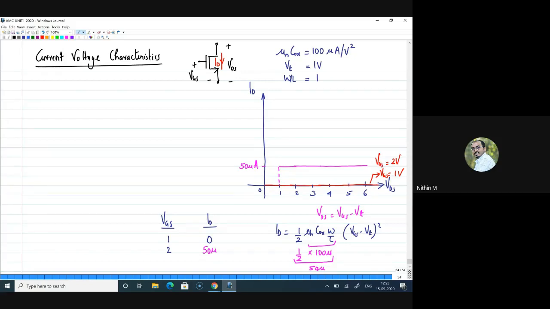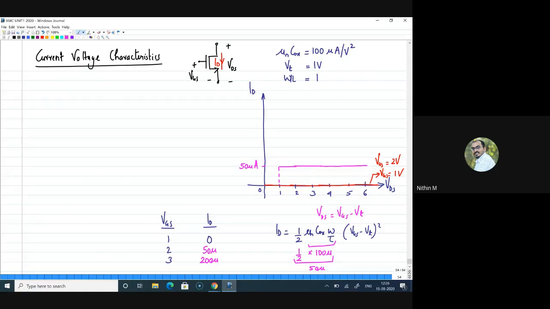Now as I keep on increasing, say now my VGS is 3. What is my new current? Just solve it. 3 minus 1 is 2, 2 squared is 4, 4 into 50 microamps is 200. So the new current is 200 microamps. Now from which voltage is that current available? From VDS equal to VGS minus VT.